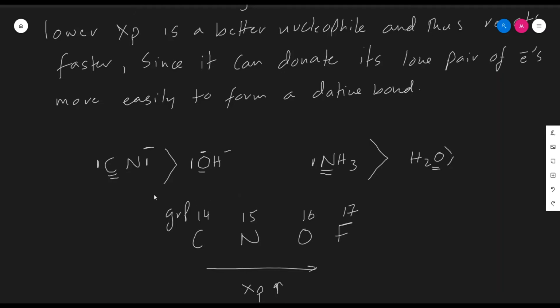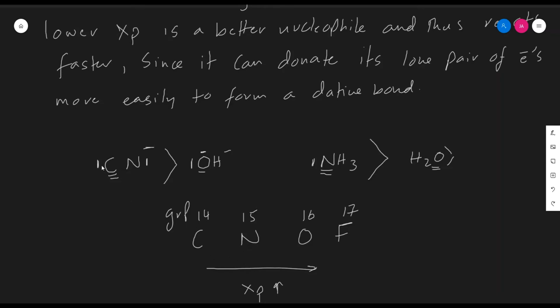On the other hand, if we compare these two negatively charged nucleophiles, the hydroxide ion and the cyanide ion, in the cyanide ion both carbon and nitrogen are bearing a lone pair of electrons which they can donate, but the carbon is the atom that will donate its lone pair because it has the lower electronegativity. It has a lower electronegativity than nitrogen.